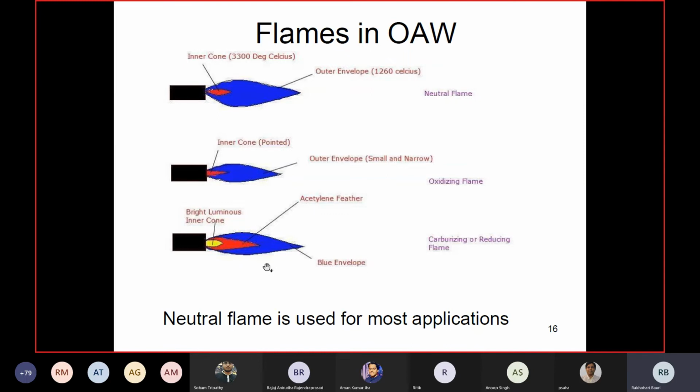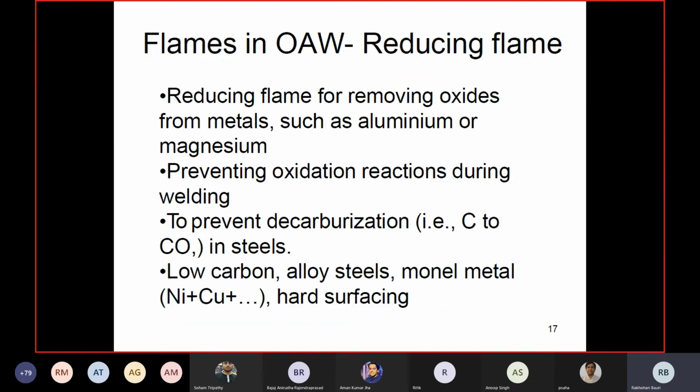I will explain later. Now see, the reducing flame, what it does. The reducing flame is used for removing oxides from metals such as aluminium and magnesium.